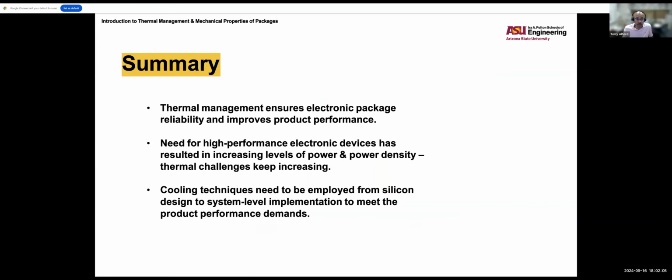And as we move to high performance electronics that have high density of transistors, the power level and power density will keep increasing because we want that functionality. We want to operate at those high frequencies. But that means we're going to generate a lot more heat. Hence, we're going to have challenges.